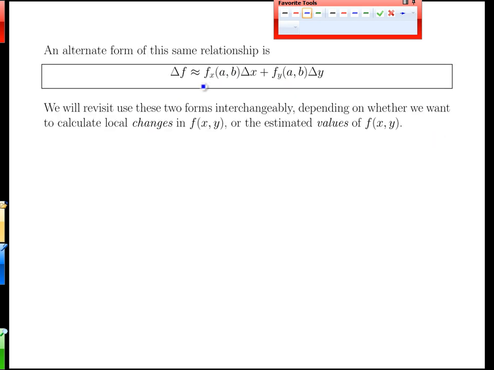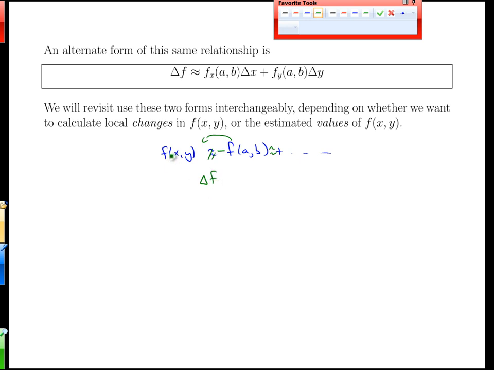All right. Sometimes it's also helpful to look at an alternative form. To get this form here, notice what we had. We had f of xy is approximately equal to f of ab plus all this other stuff. If we bring this over, we make a negative sign there, and it's approximately equal to all this. This is the change in f.